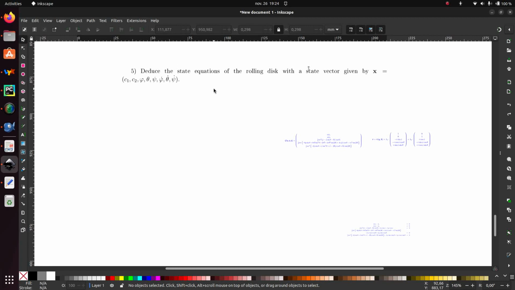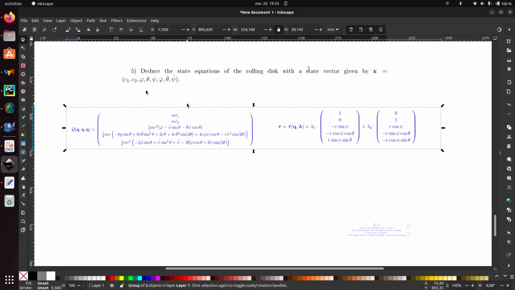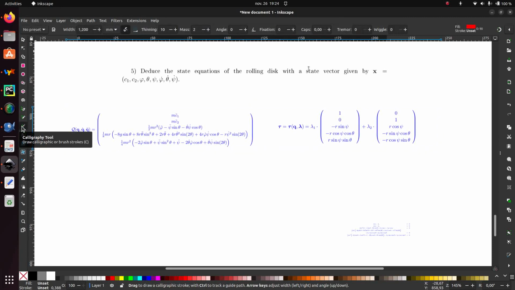Question number 5, I have to give the state equation of the rolling disk. I have already computed Q and an expression for tau. And from the Euler-Lagrange equation, I know that this one, the derivative term in Q and Q dot, is equal to tau, which depends on Q and the Lagrange parameters lambda.